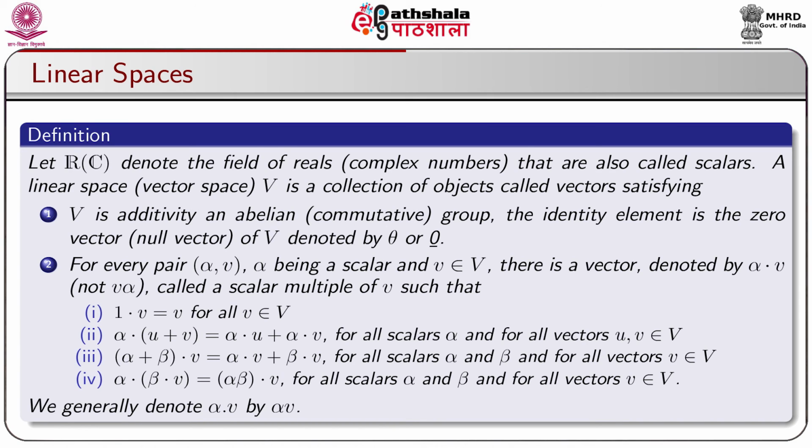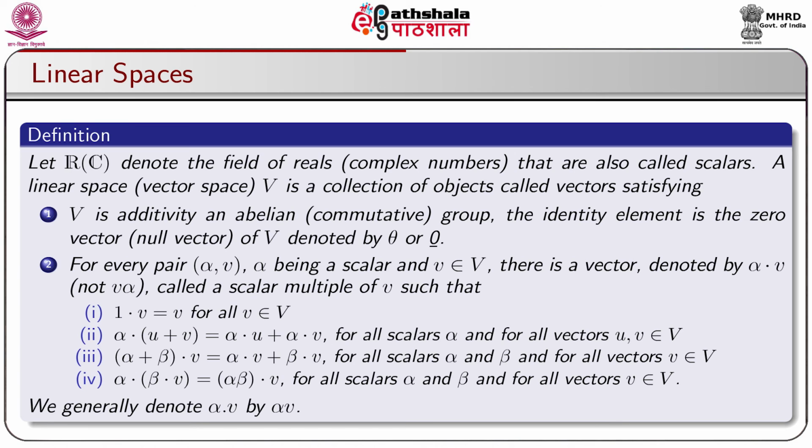The identity element is the 0 vector, or null vector of V, denoted by theta or 0. For every pair alpha, v, alpha being a scalar and v an element of V, there is a vector denoted by alpha·v, called a scalar multiple of v, such that the following properties hold.